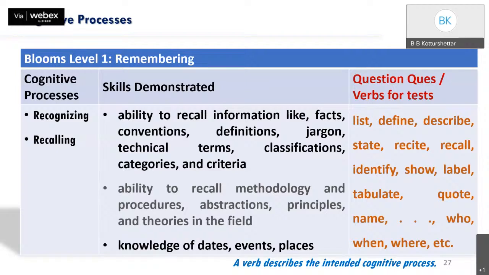These are some of the cues, question cues, or the verbs. They describe the intended cognitive process. Initially we may find it difficult to remember these verbs because there are 6 learning levels. There are 6 different sets of these verbs.